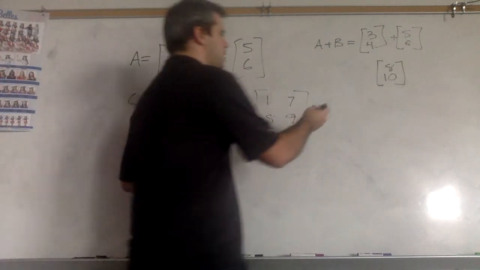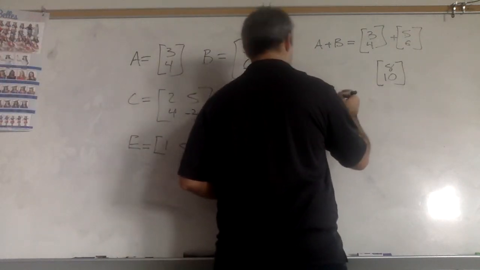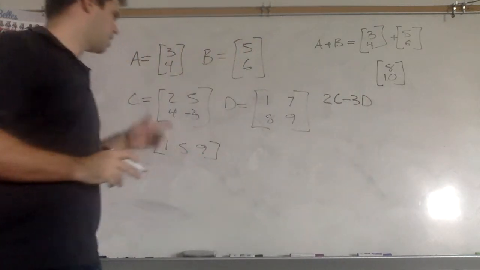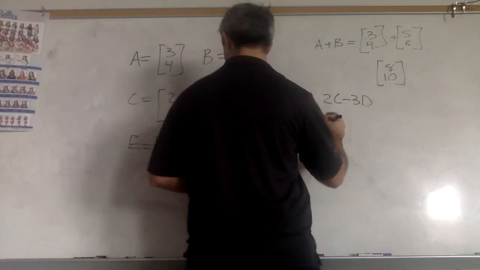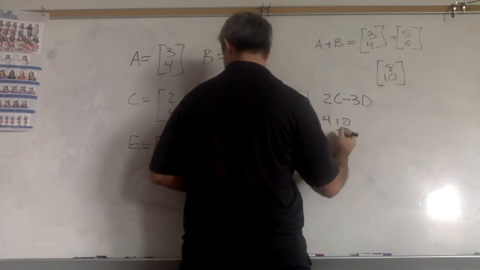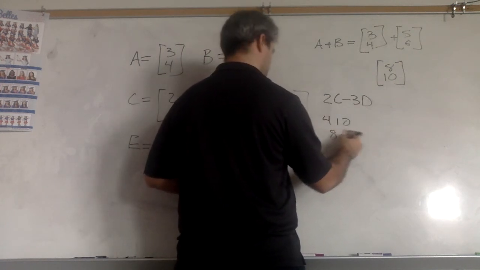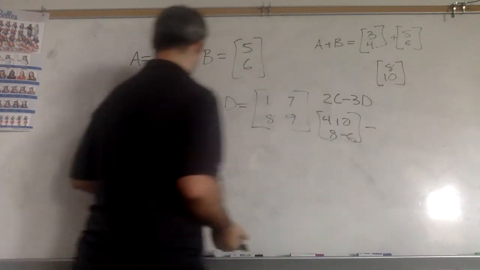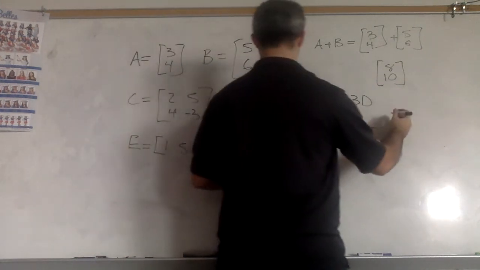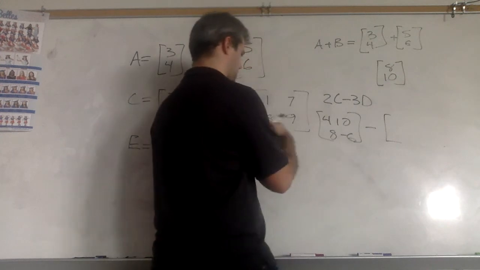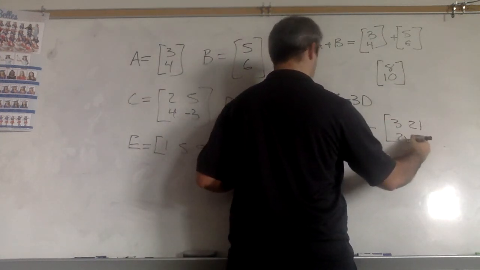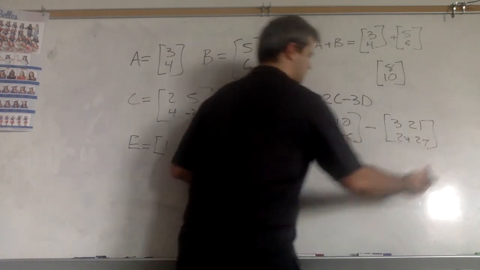Let's actually do this, 2C minus 3D. All right, so 2C would be 4, 10, 8, negative 6, minus, let's see, what is this? 3, 21, 24, 27.